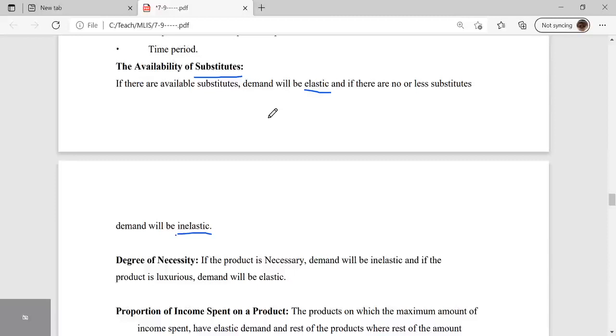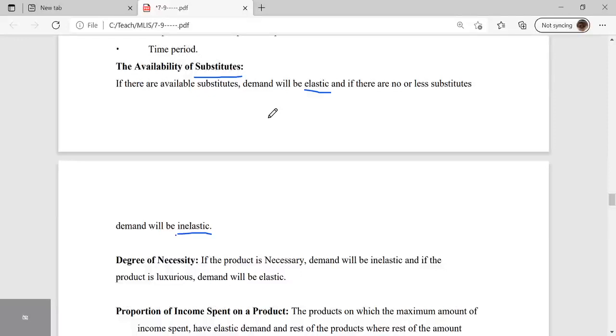But think about a product which does not have a substitute. For that, it will be inelastic. That means even if the price increases, people will not reduce the consumption or demand. They will continue to purchase.